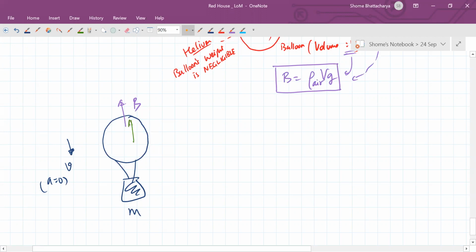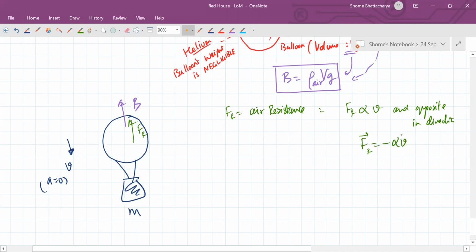Now about air resistance, it is given to you that the air resistance is proportional to the velocity and opposite in direction. So we can conveniently write this as a vector equation: minus alpha into v, where alpha is some constant.